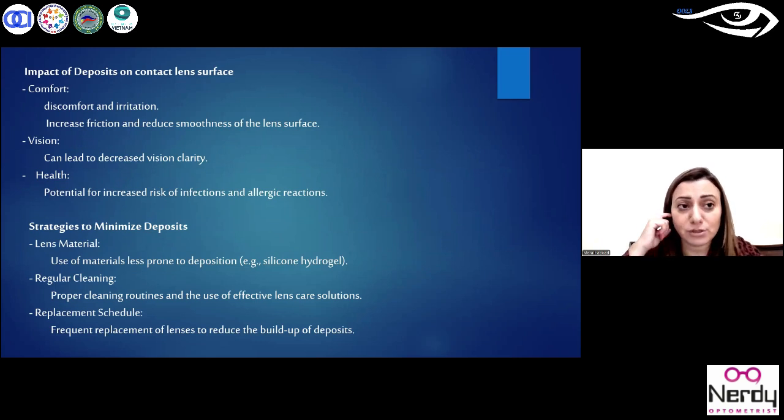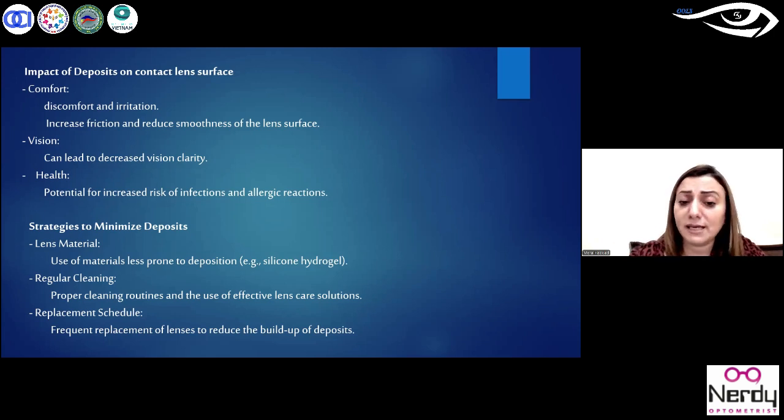Impact of deposit on contact lenses, it affects comfort. As I said, it affects vision, it affects the health of the cornea. And you as a practitioner can minimize the effect of deposit by choosing a good lens material. Silicone hydrogels are less prone to deposits than hydrogel lenses.